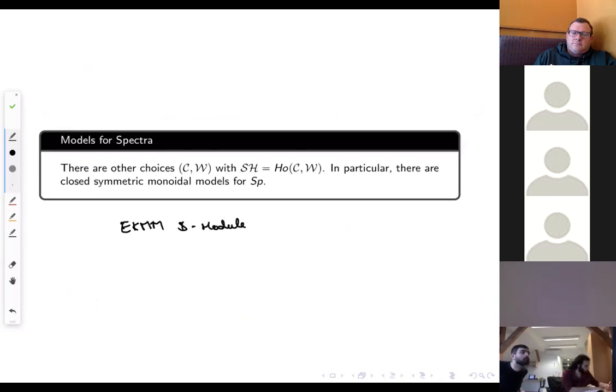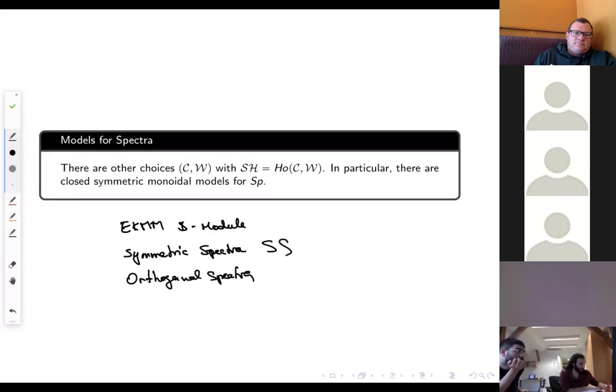There's symmetric spectra, so I guess Shipley and Smith. Maybe add May's name wherever necessary, orthogonal spectra, and then there are ways to go at this from the infinity category perspective.